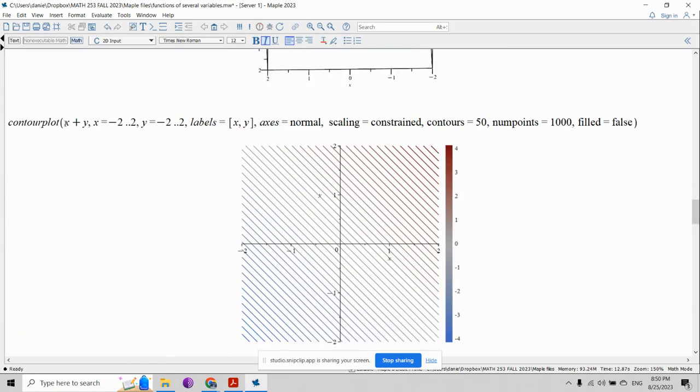Pretty obvious, right? If you set x plus y equal to a specific number, those will be straight lines. So this is, for example, where 2.43 is located. All the points on this line, if you plug them into the function, will give you 2.43, right?